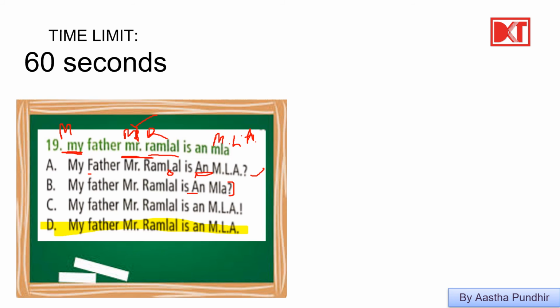An A is capital, which is again incorrect. MLA is not given in capital letters. This is incorrect. Then for C, in the end, we are given an exclamation mark, which is also incorrect. Alright, now let's move on to the next question.